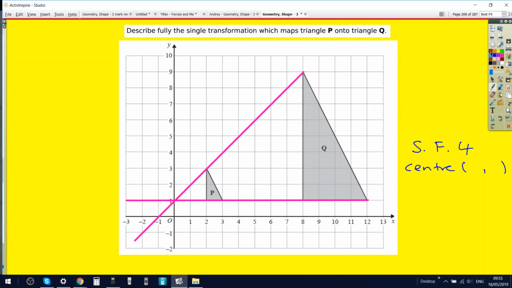Is it 0-1? Yeah. And actually the easiest mark is missing. Yeah. That's it. So to find the center, you just join them up.